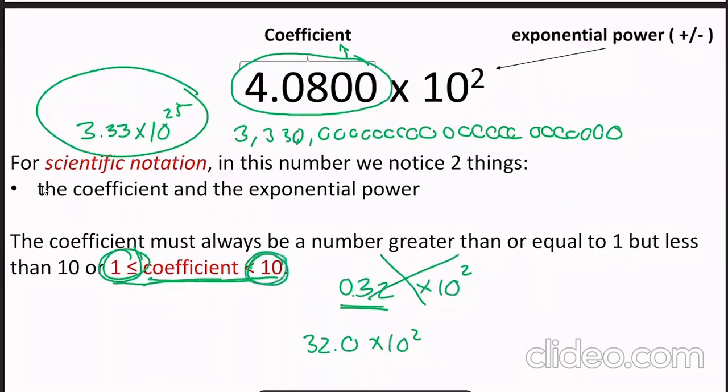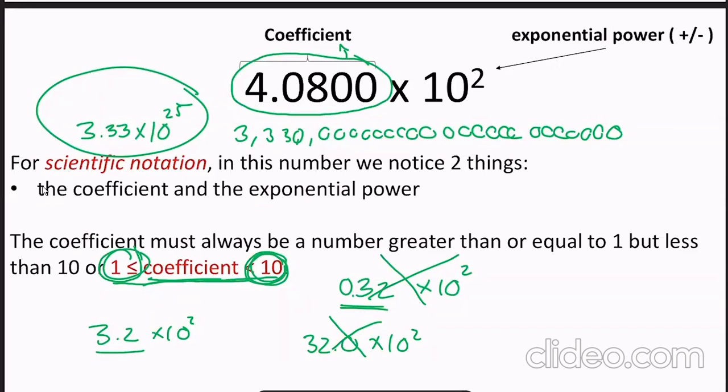That number is larger than 10, so that's not acceptable scientific notation. Then if I were to write 3.2, well, 3.2 is larger than or equal to 1. It's also less than 10. So this is acceptable scientific notation.